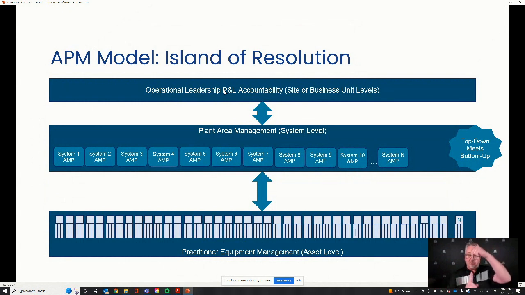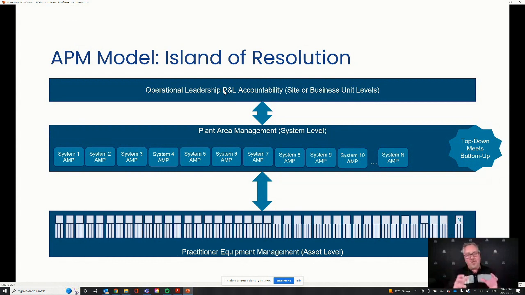But what I'm trying to do is build this kind of island, this bridge to the middle, where we can break the plant down into a bunch of different systems, say 2-3 dozen systems, and for each of those systems, create that magic CPR triangle and make decisions that ultimately optimize the cost, performance, and risk at every point. So that's the top-down approach from leadership meets the bottom-up approach.